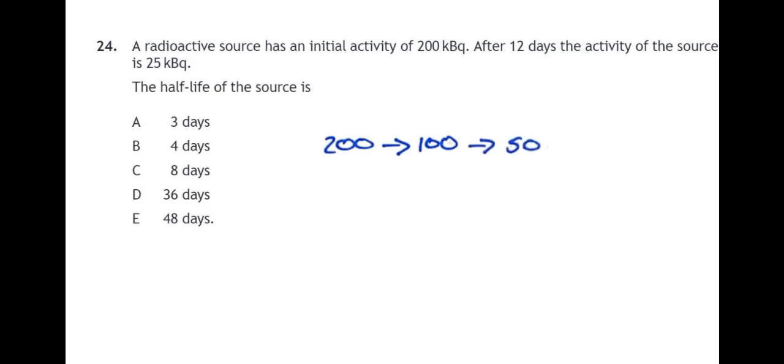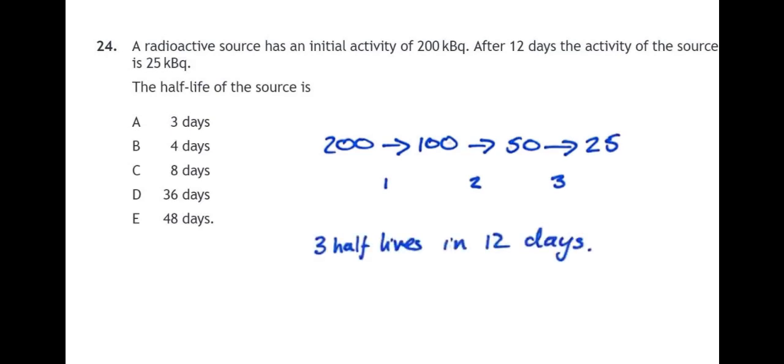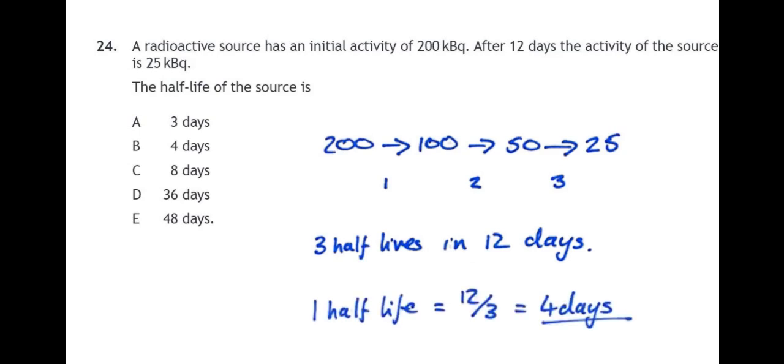Another half-life will drop that to 50 kilobecquerels, and another half-life to 25 kilobecquerels. So if we count the arrows, the number of times that activity has halved, we find it has halved 3 times. And it has done that in 12 days, 3 half-lives in 12 days. Therefore, 1 half-life is 1/3 of 12 days, which is 4 days. Answer B.